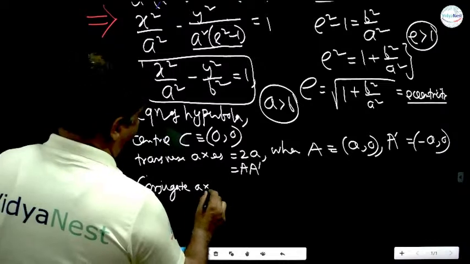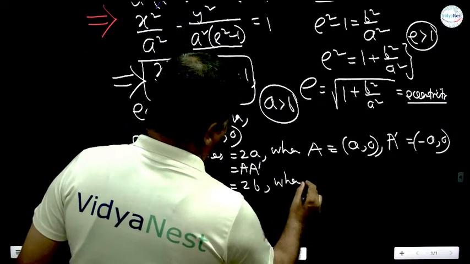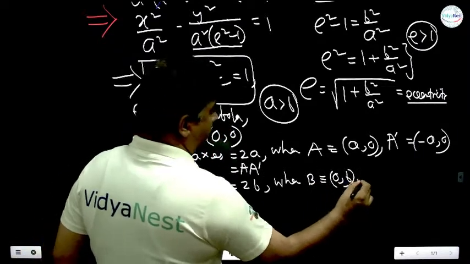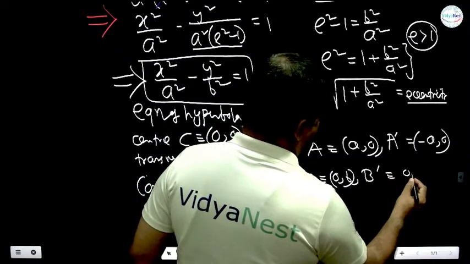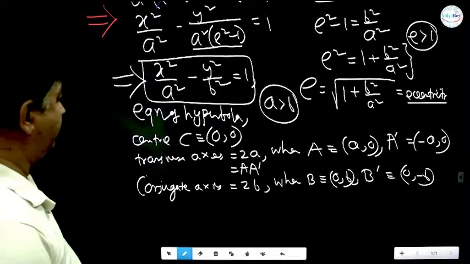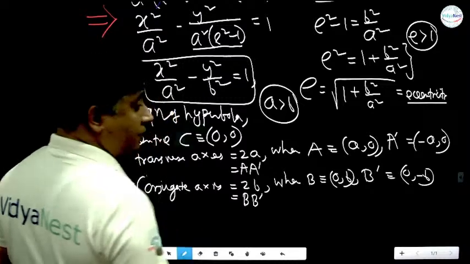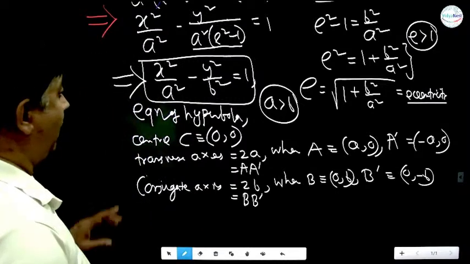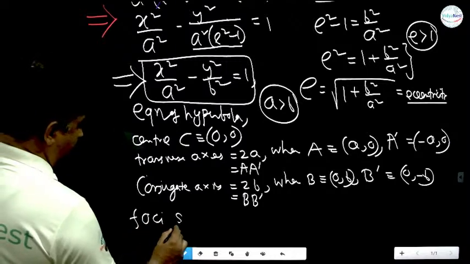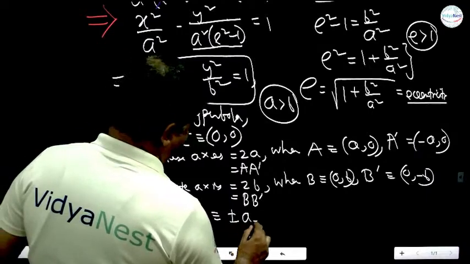Conjugate axis, 2b, where b is (0, b) and b dash is (0, minus b). And the foci, S and S dash; two focus in plural is called foci.